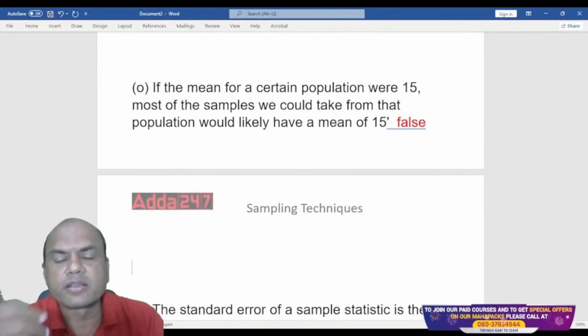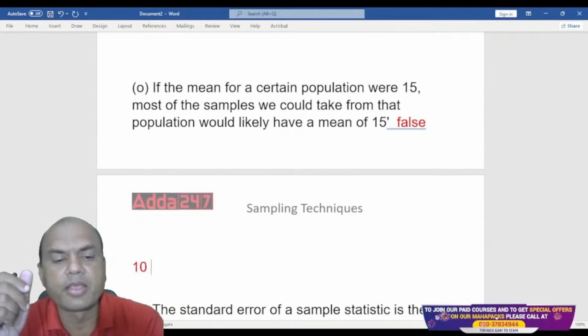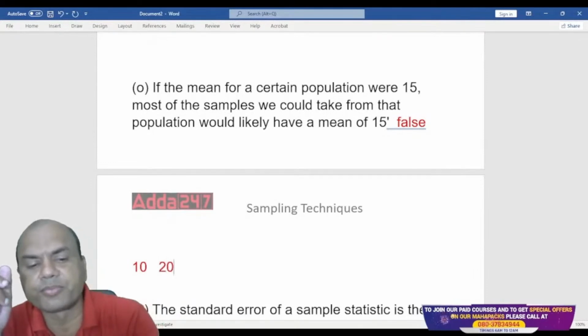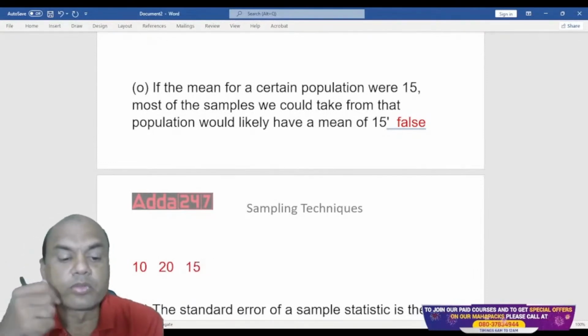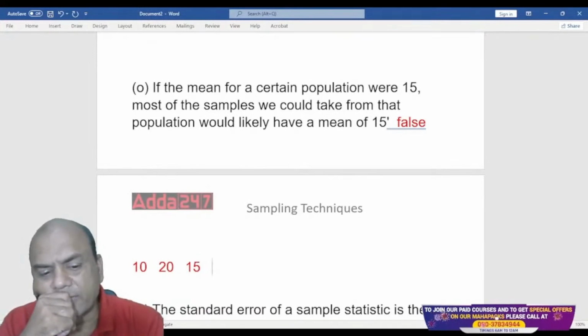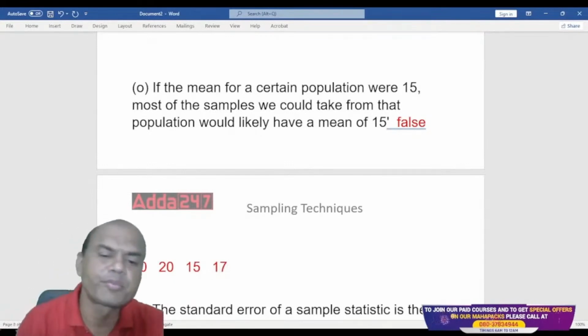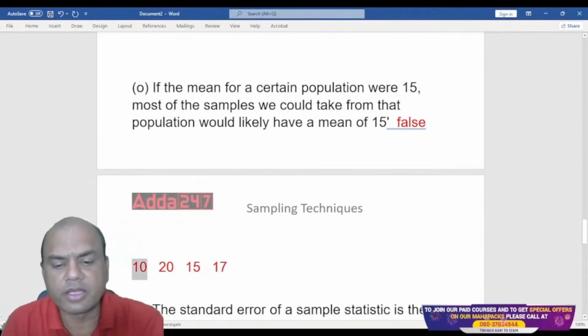And I got the average of one as 10, second one 20, third one 15, and fourth one 17, and this first one I'll make it 8.